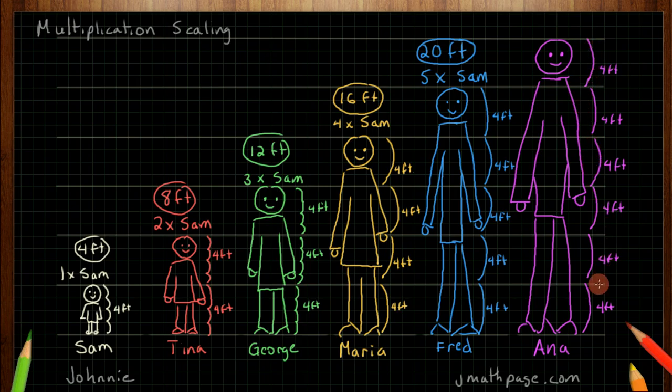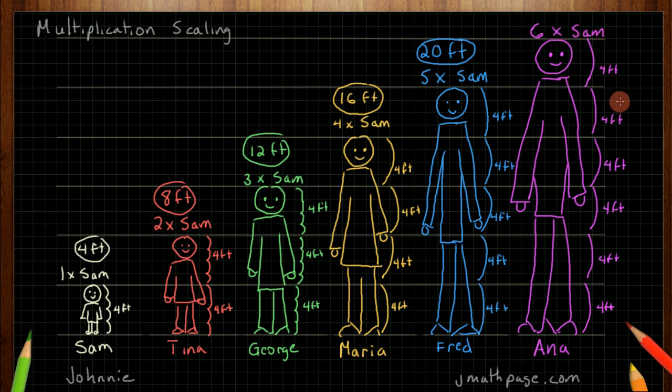How tall is that? Well, if we know that Sam is just one measure of 4 feet, we know that Anna is 1, 2, 3, 4, 5, 6 measures of Sam, or 6 times as tall as Sam.